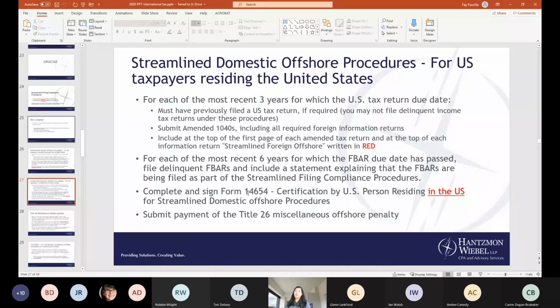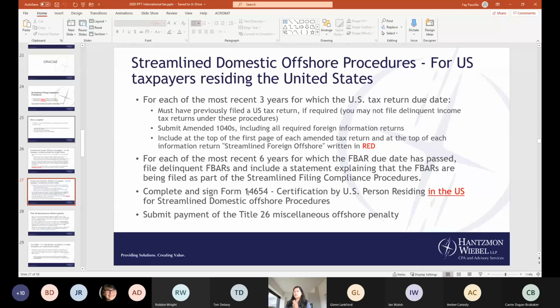However, for the most recent 3 years, we had to amend his 1040s to rightfully include the 8938. We had to file the 6 years' worth of FBARs. And we also had to attach a certification as well. This is similar to the other one I mentioned.